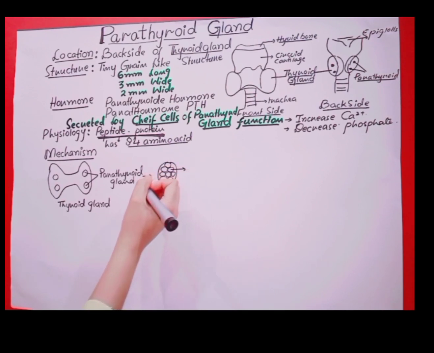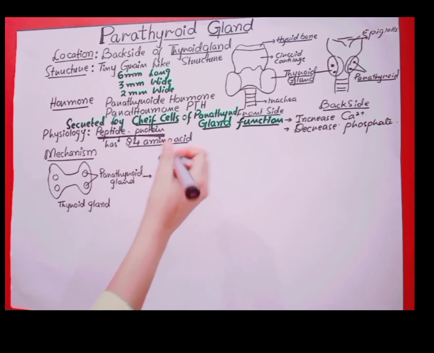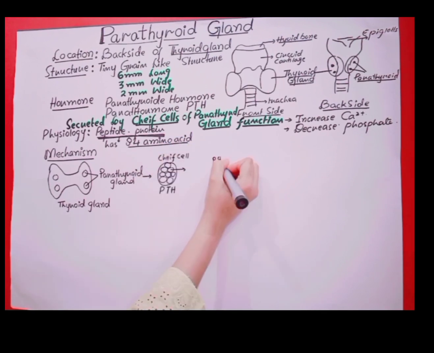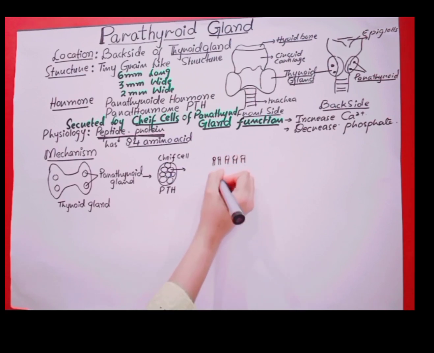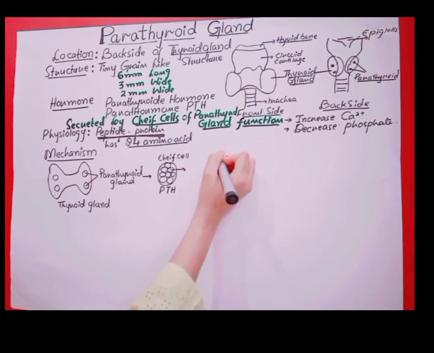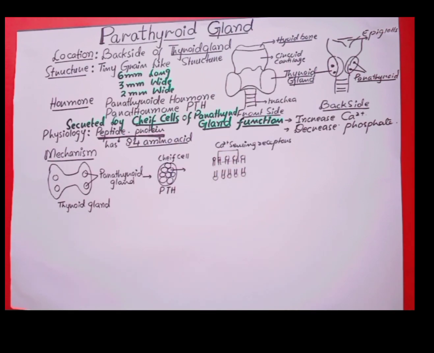These chief cells contain calcium sensing receptors. When there is a low level of calcium in the bloodstream, it triggers these sensing receptors to activate and increases the calcium level within our body.